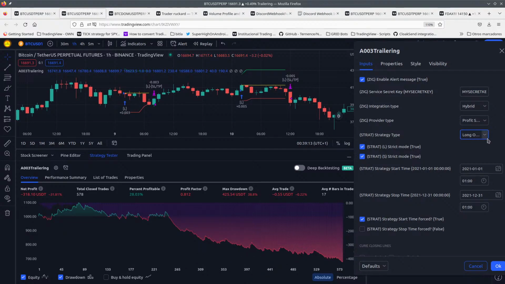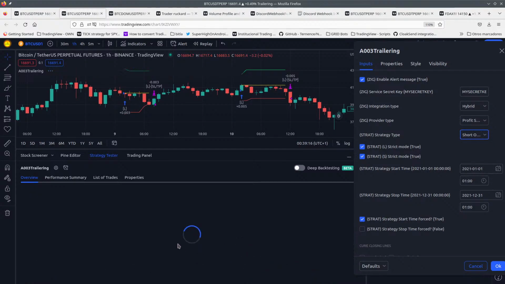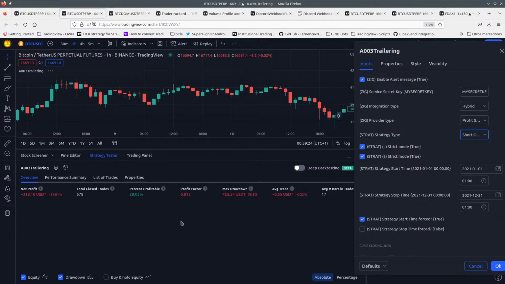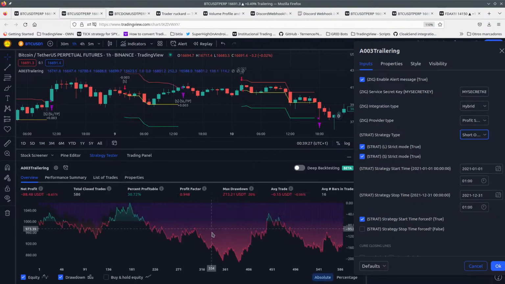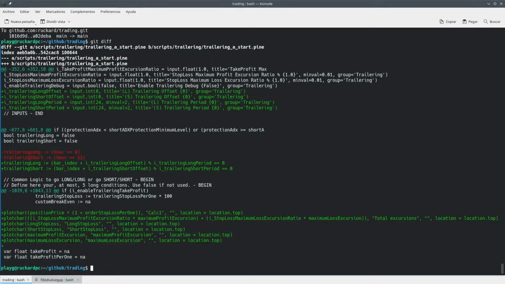Here it goes down, short only should go up from here, more or less. Well, I'm not sure about that. Yeah, okay, I don't know. So this is what we have so far.